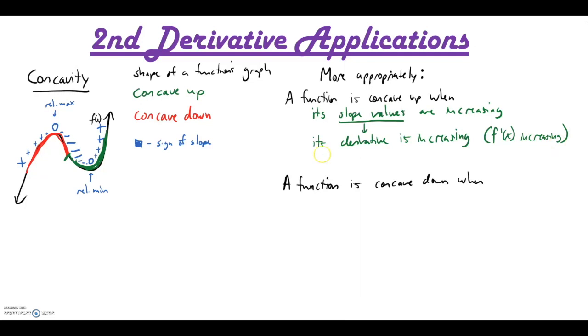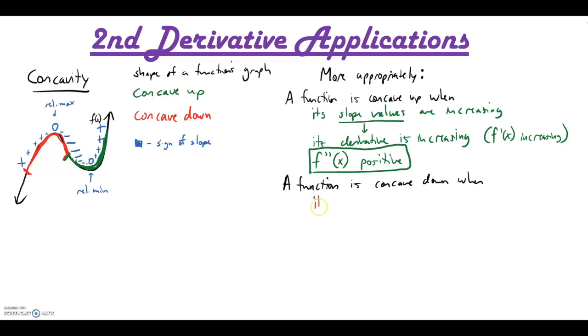And if we go one more level down, this must imply that the second derivative for this given function, if f prime is increasing, that second derivative must be positive. And so in calculus terms, that is the true definition for a function being concave up.